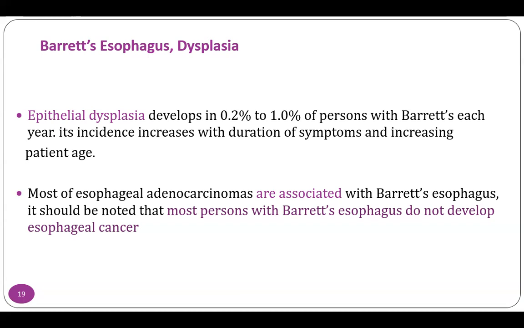We can just bring him back maybe after a year or more. And if we confirm the presence of dysplasia, we need to say what kind of dysplasia. Is it mild, moderate, or severe dysplasia? Then follow up the patient with this dysplasia and manage the patient accordingly.